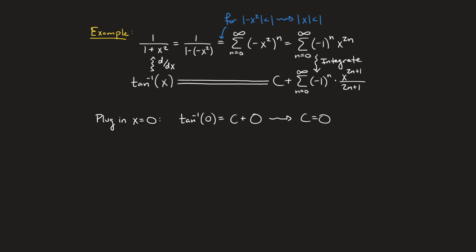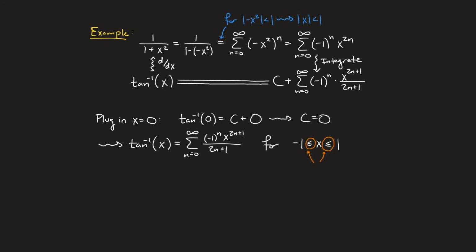So the power series representation of inverse tangent is equal to the sum from n equals 0 to infinity of minus 1 to the n times x to the 2n plus 1 over 2n plus 1. And this representation is valid for x in between minus 1 and 1. As a final note, it turns out that the interval actually contains both negative 1 and 1, since the series converges at both of these values.